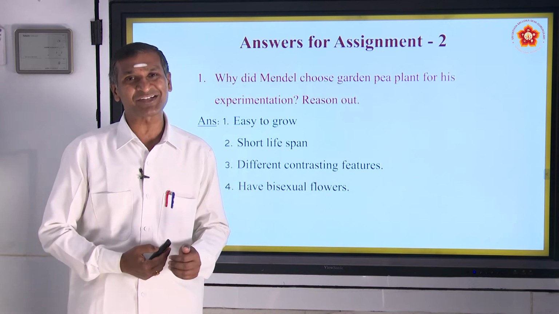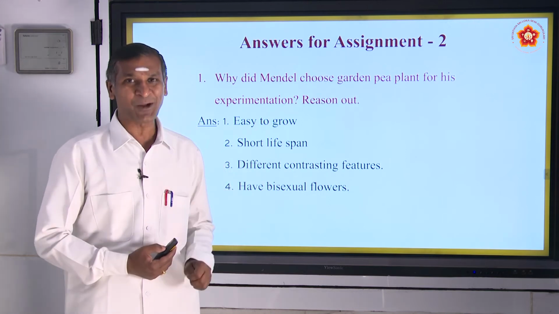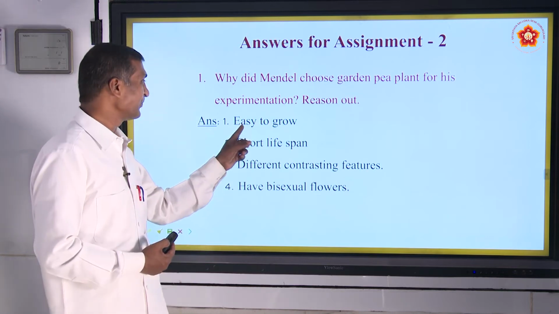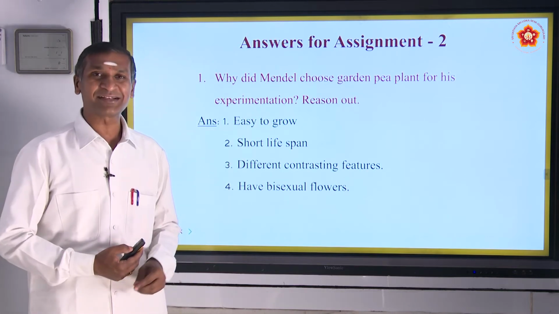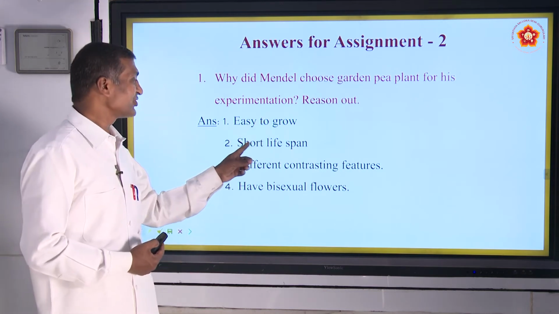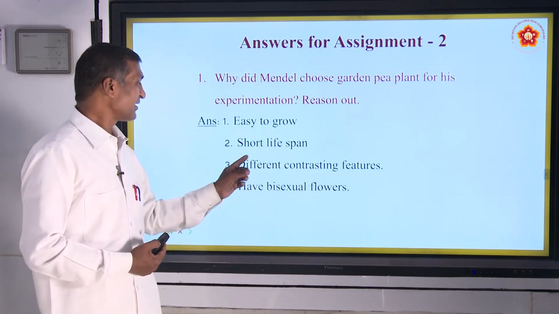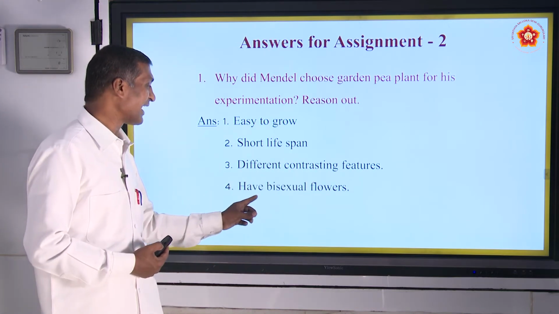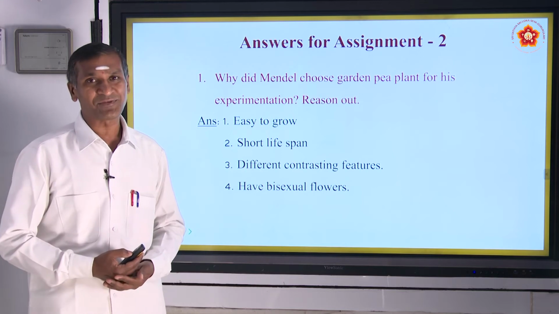Very good, Sai Krishna, you are telling that you should write 4 points because half a mark for each point. So Mendel selected garden pea because it is easy to grow, has a short lifespan, has different contrasting features, and has bisexual flowers.